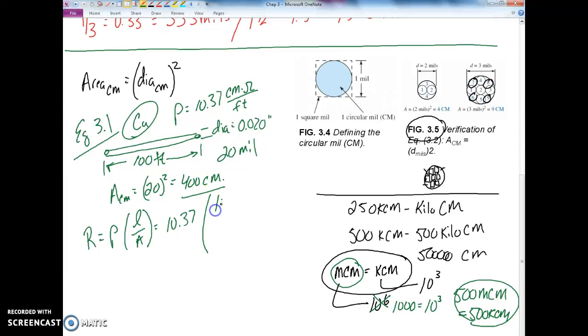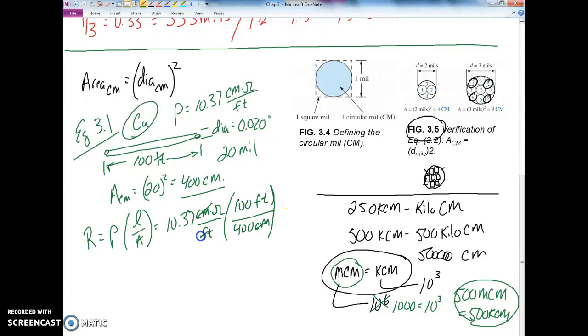times the length, 100 feet. And remember, well, let me back up a little bit and put the units in there: circular mil-ohms per foot multiplied by 100 feet and divided by 400 circular mils.